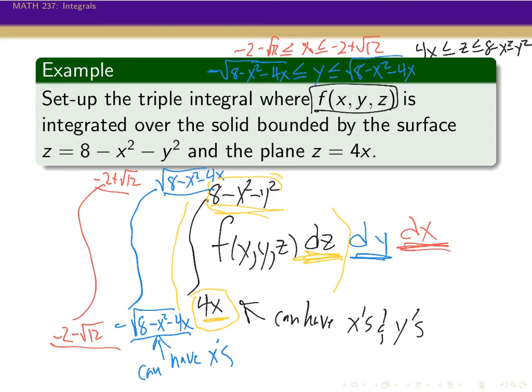Right? You just think with each integral, you're eliminating one variable at a time. So the black one eliminates all the z's. The blue one is going to eliminate all of the y's. And then last but not least, the red integral is going to eliminate all of the x's.